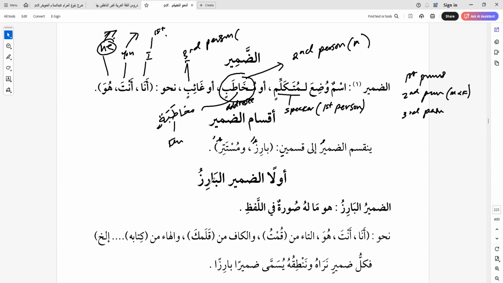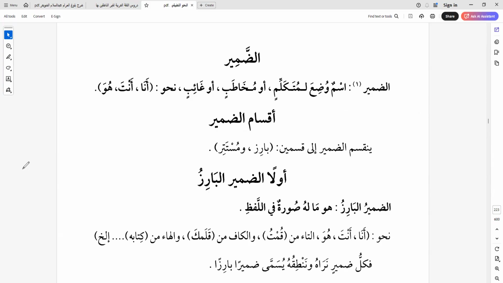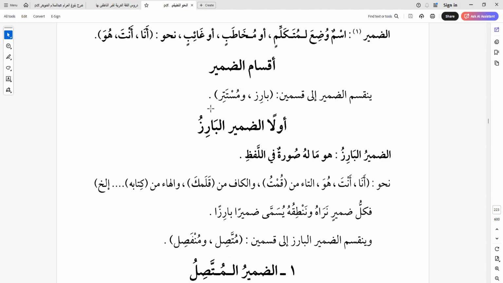We've already discussed that. The ضمير can be بارز, it can be in the open, everybody can see it. It's a manifesting ضمير. And then مستتر is a ضمير that can hide. So let's look at what are the ضمير بارز. So remember بارز from the word بارزة, to be in the open or to appear.